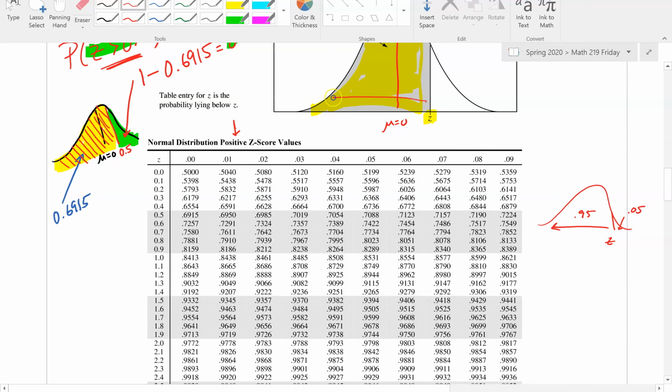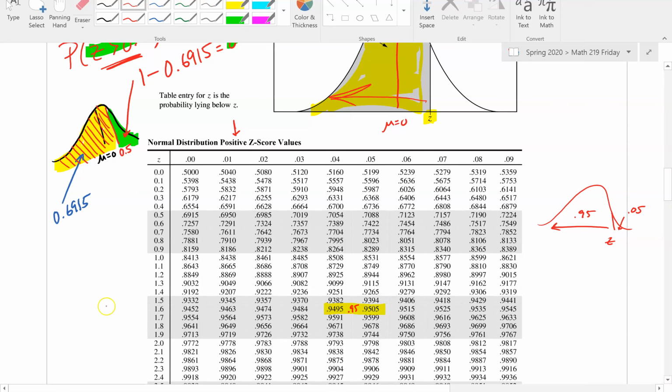So since this tells me left area, let's find a left area of 95%. Look, it's right in between these, 0.9495 and 0.9505.